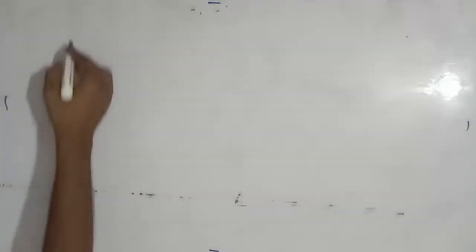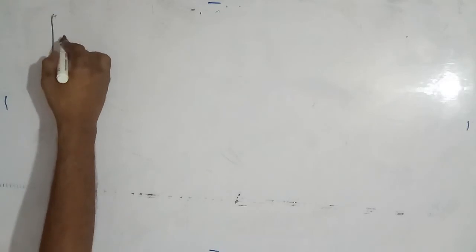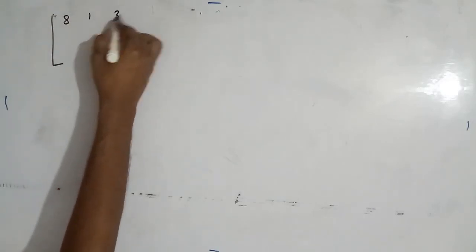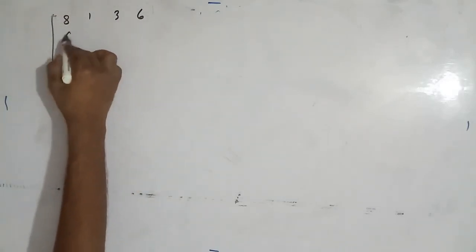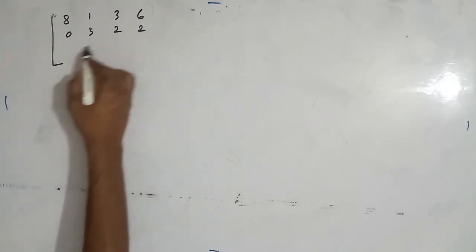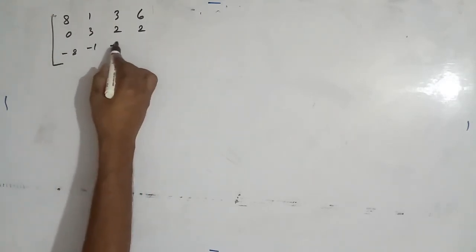Okay, so the matrix is 8, 1, 3, 6, 0, 3, 2, 2, minus 8, minus 1, minus 3, 4.